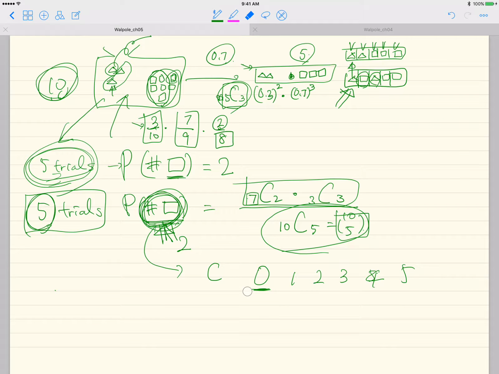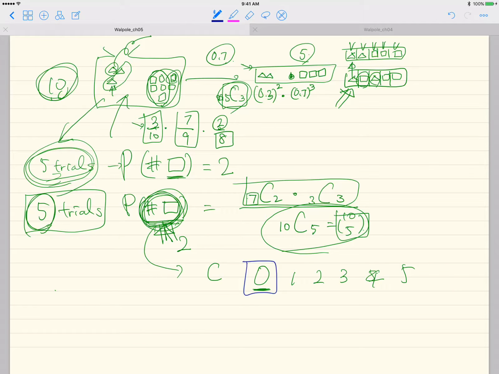In this case, is 0 possible? Again, the number of triangles being 0, is this case possible?